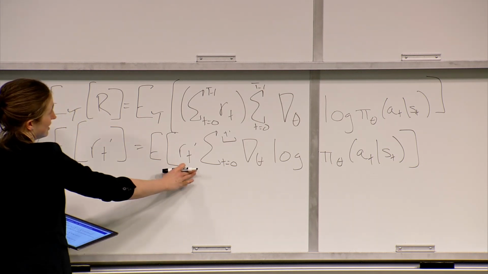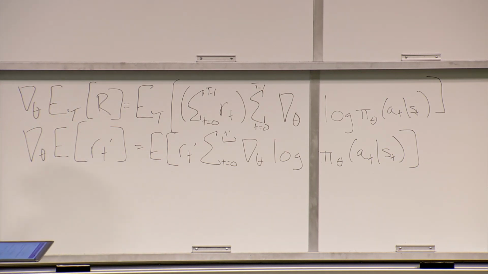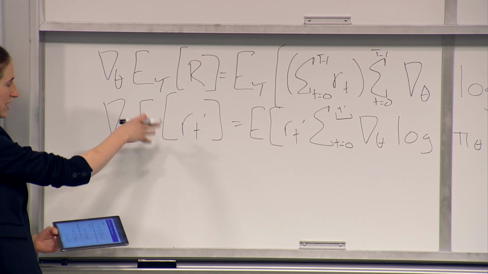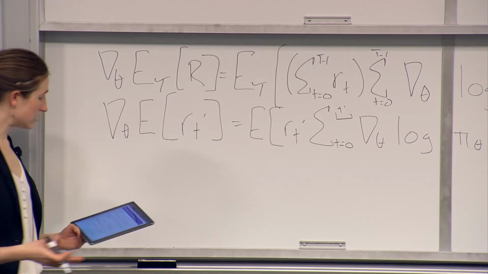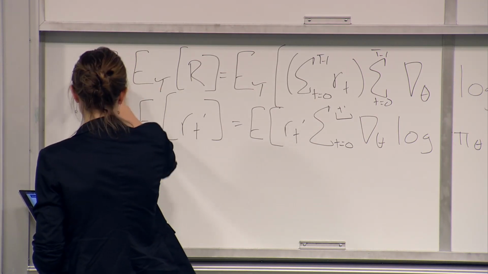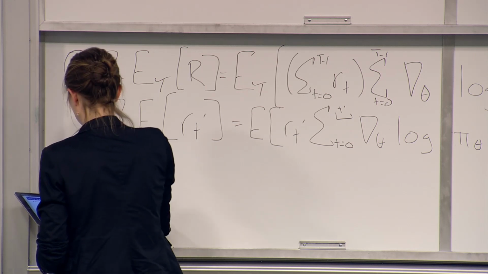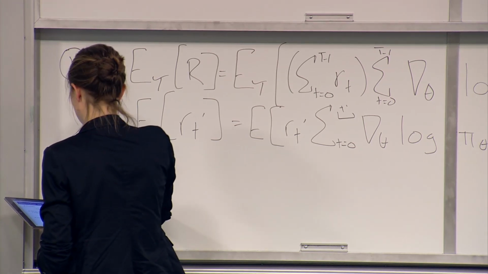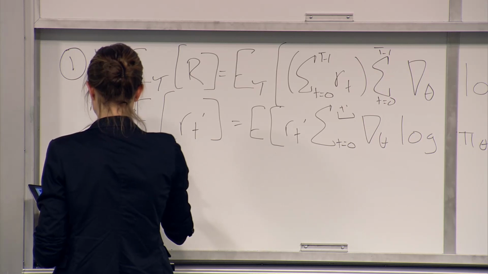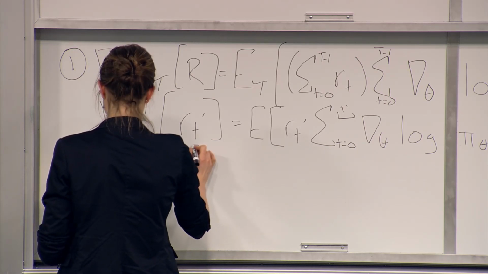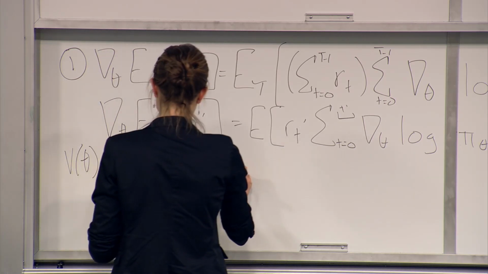So we can take this expression, and now we can sum over all time steps. So this says, what's the expected reward, or the derivative with respect to the reward for time step t prime? Now I'm going to just sum that, and that's going to be the same as my first expression. So I'm going to say V of theta is equal to the derivative with respect to theta of ER. And now I'm going to sum up that internal expression.